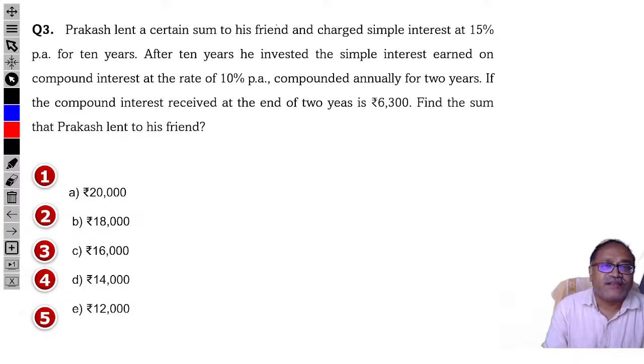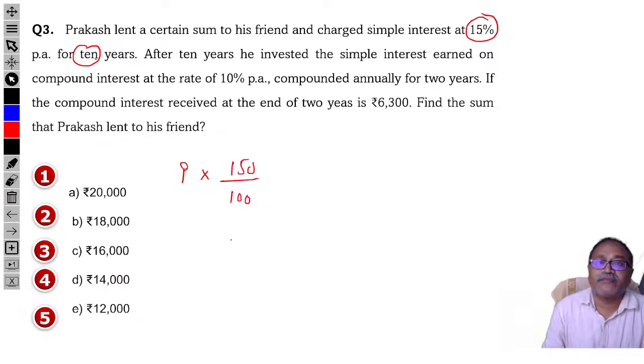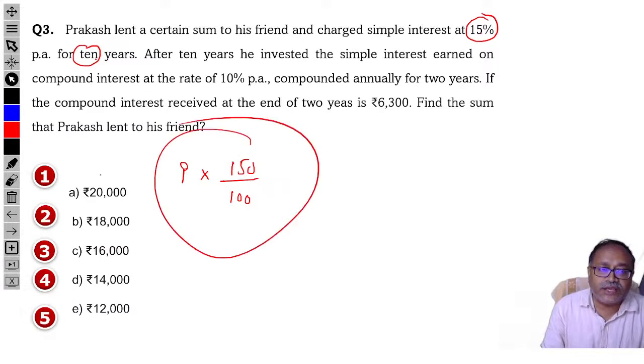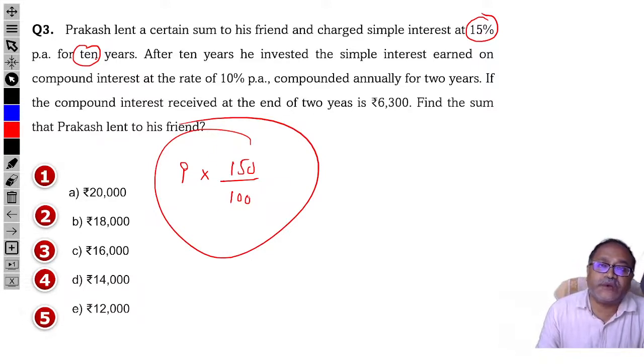Let's check that. So, simple interest 15% per annum for how many years? For 10 years. So whatever the principal is, on that he will be getting 15 into 10, that is 150%. So, 150 by 100. This is the interest, not the amount.